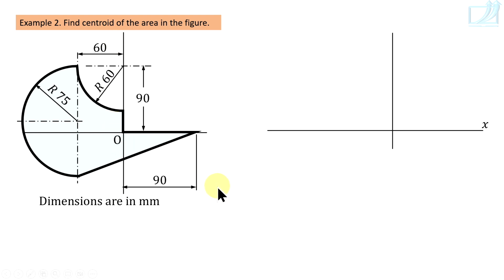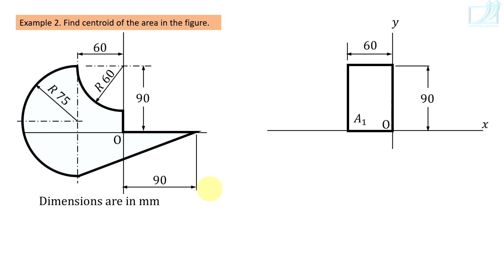So let's draw a diagram of the given shape, shape by shape. We have identified 4 standard shapes here. One by one we'll draw those standard shapes and complete the given diagram this way. A rectangle, base 60 and height 90. Right angle triangle as the second area.